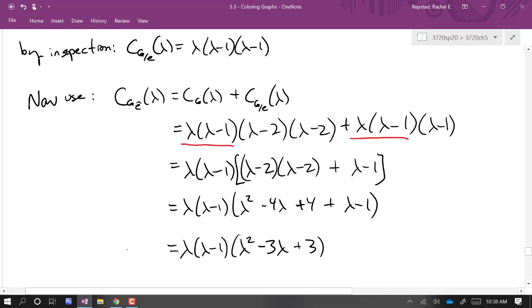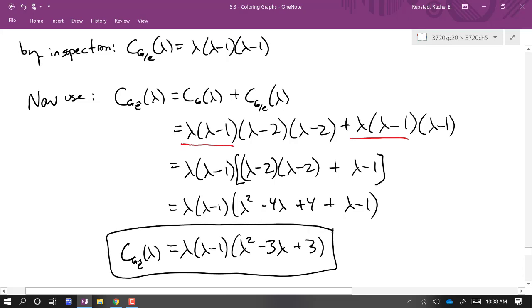So this is the chromatic polynomial, and you'll note that quadratic on the end, that doesn't factor. And so this is actually kind of an interesting result. When we do something by inspection, we just have a collection of factors like lambda minus 1. They're all of the term lambda minus k, for some number.